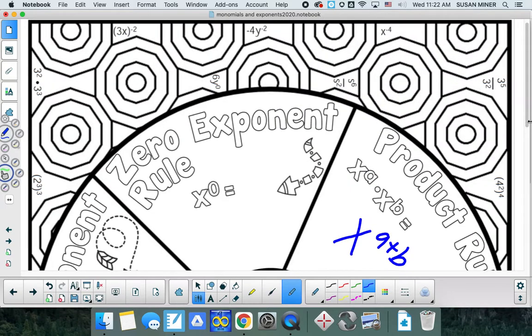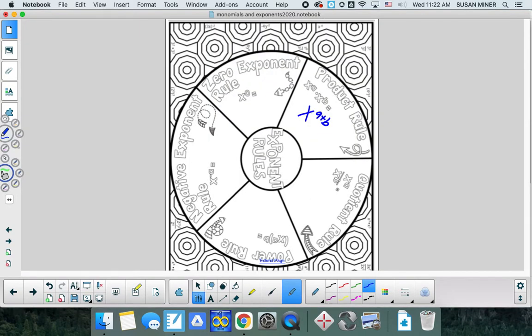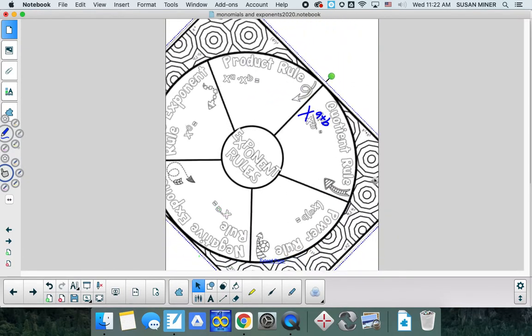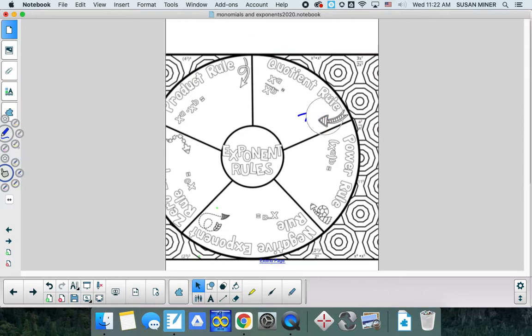Let's make this just a little bit smaller and spin this around a little bit. Yeah, there we go. That's going to make that easier. X to the a plus b. And then my quotient rule, if I have x to the a over x to the b, it's going to become x to the a minus b. I am going to subtract.